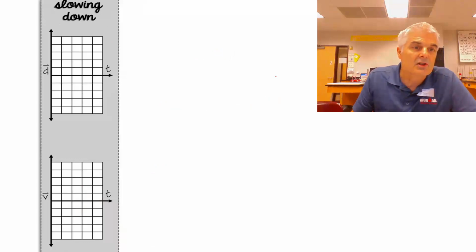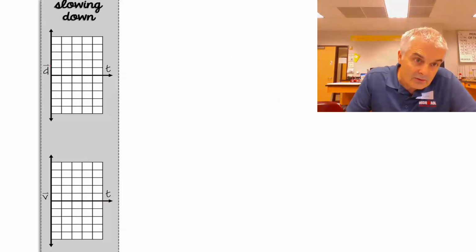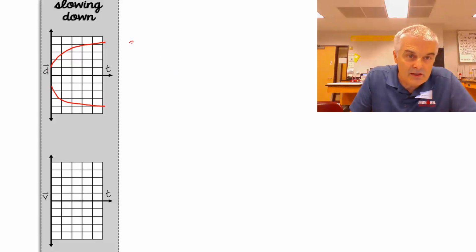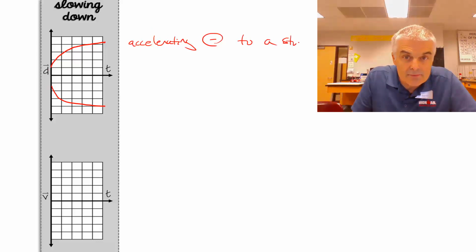So what about slowing down? If you recall, we said slowing down towards the north looked like this, right? And slowing down from the south looked like this. So the kind of mirror images. Both of these are accelerating in the negative direction to a stop, right?